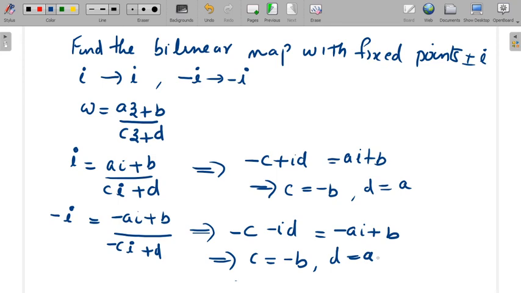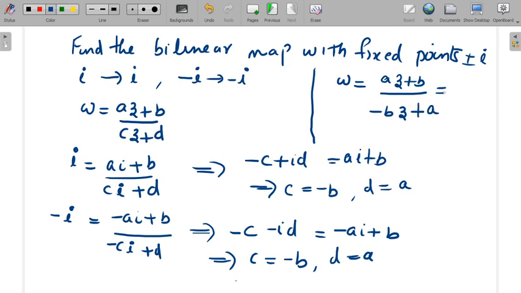So we will substitute what we obtained in the transformation. So our w was (az + b)/(cz + d). So we can write w equal to (az + b) divided by cz is minus bz, so minus bz plus d, which is a.